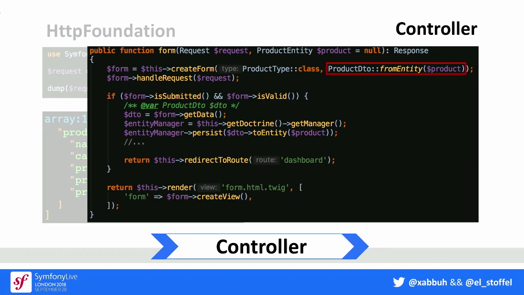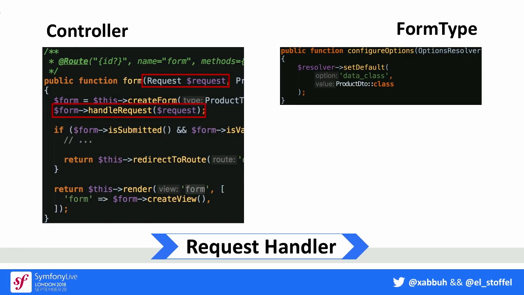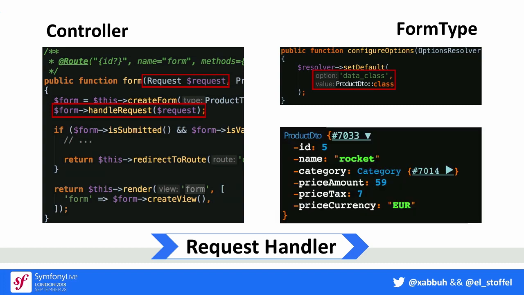So first, we have to transform our entity into our data transfer object, because our form does no longer know how to map data to a product entity directly. So we are doing the transformation here. We are still handling the request, that didn't change here. And given this option here, our form type now knows that it has to deal with a product DTO.